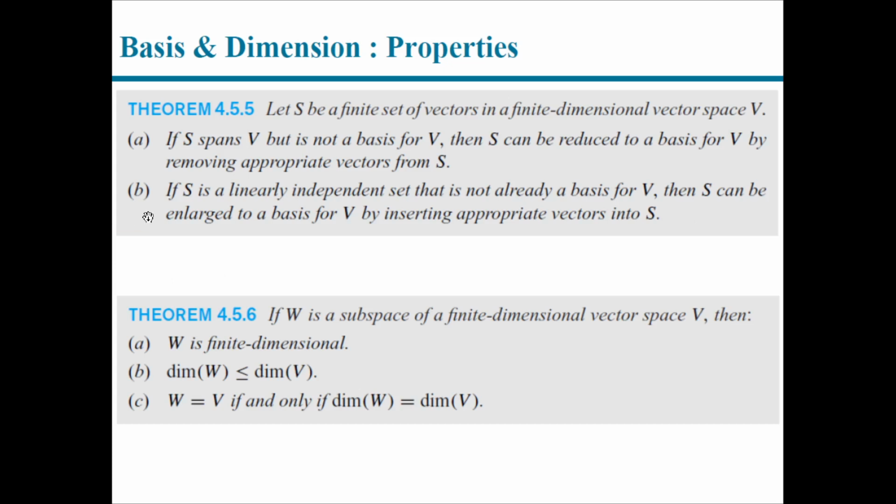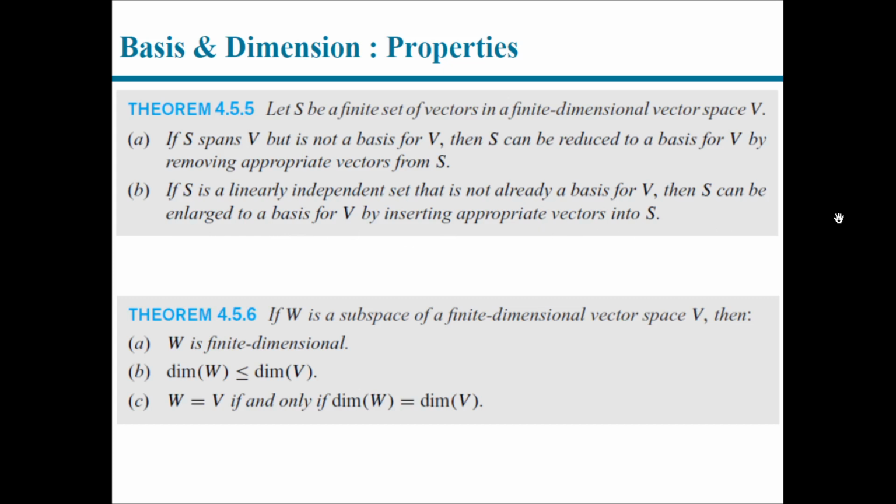Another property: if S is a linearly independent set and is not already a basis, so S has people that are linearly independent inside, but there are not enough of them to generate V. So S is not a basis. Then S can be enlarged to create a basis for V by inserting appropriate vectors.